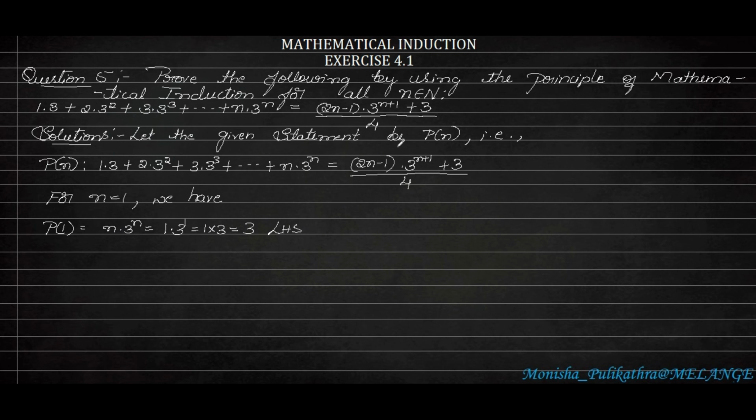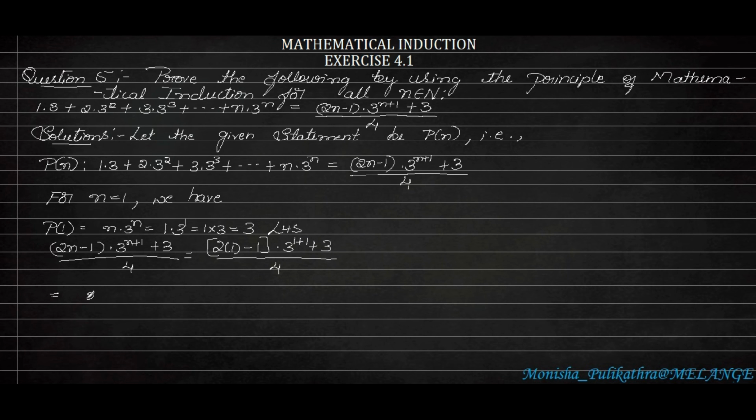In the same way, we have to substitute for RHS also. So RHS is (2n minus 1) into 3 to the power of n plus 1, plus 3, divided by 4. So 2 into 1 minus 1, into 3 to the power of 1 plus 1, plus 3, whole divided by 4.